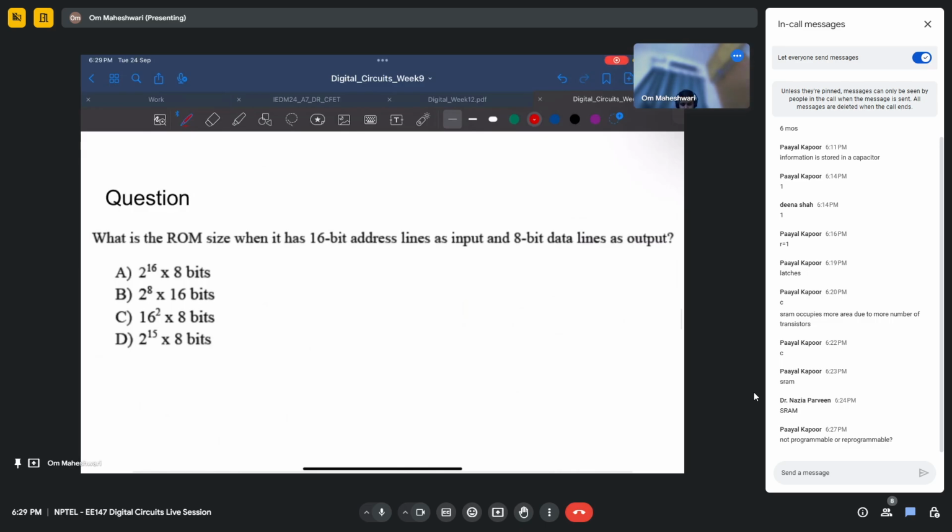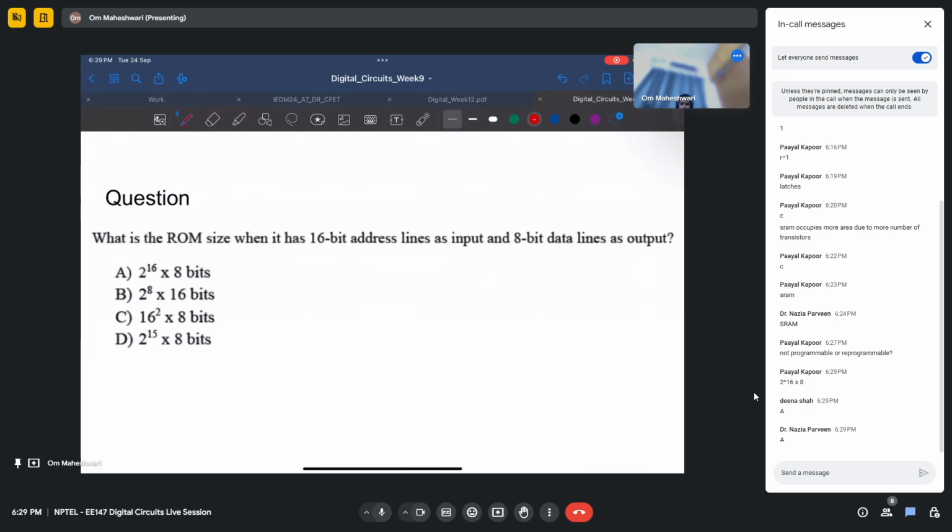Next question. What is the ROM size when it has 16-bit address lines as input and 8-bit data lines as output? Okay, so let us see.